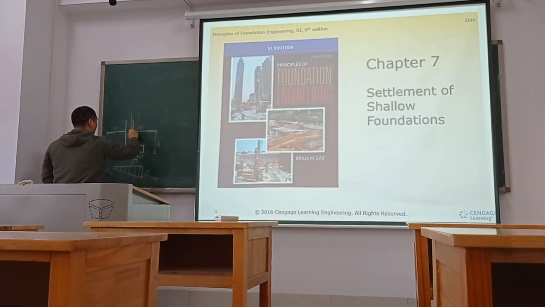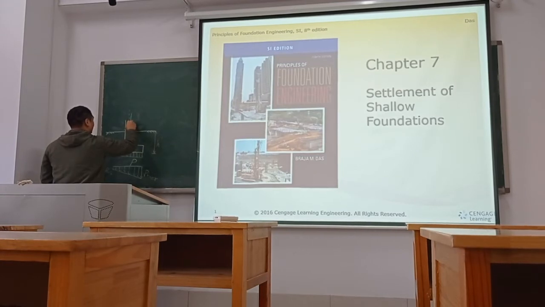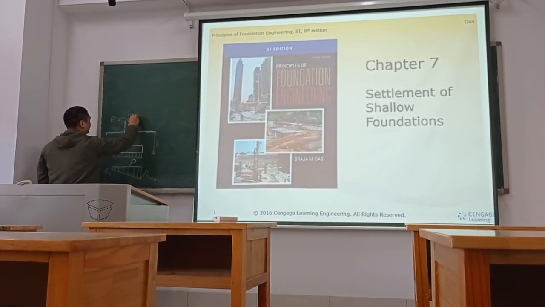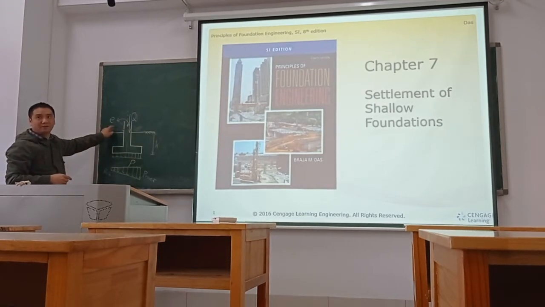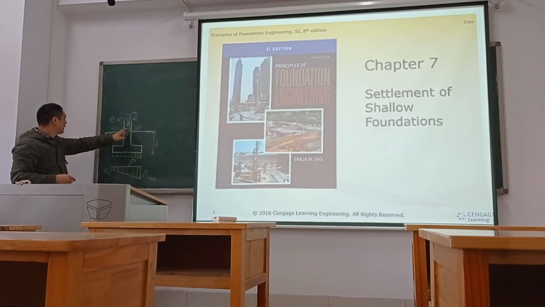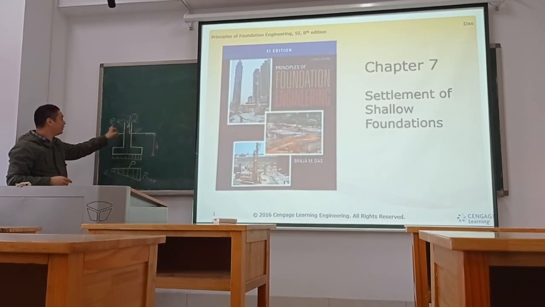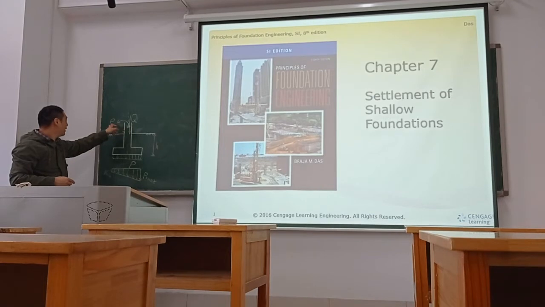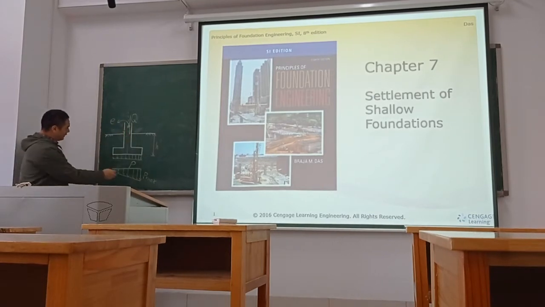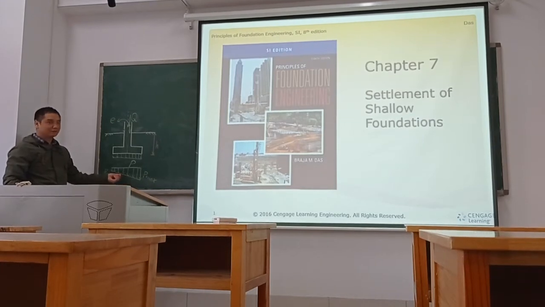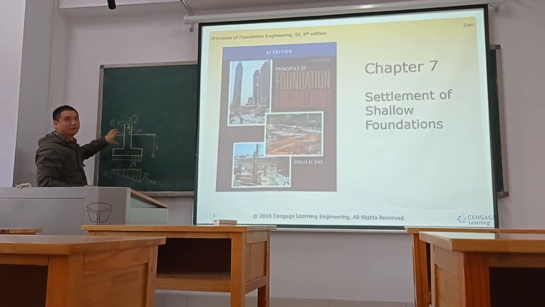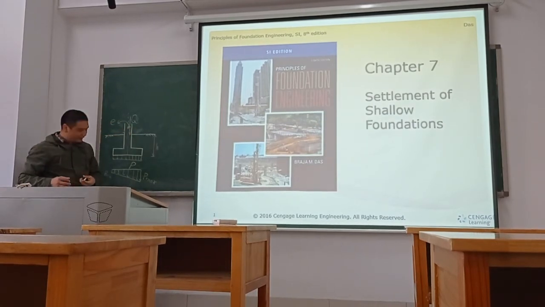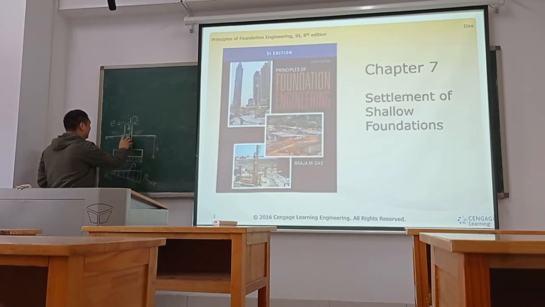The nose is at this place. This is the Q, and this is the eccentricity E. It's not in the inclination. So the pressure is like that.